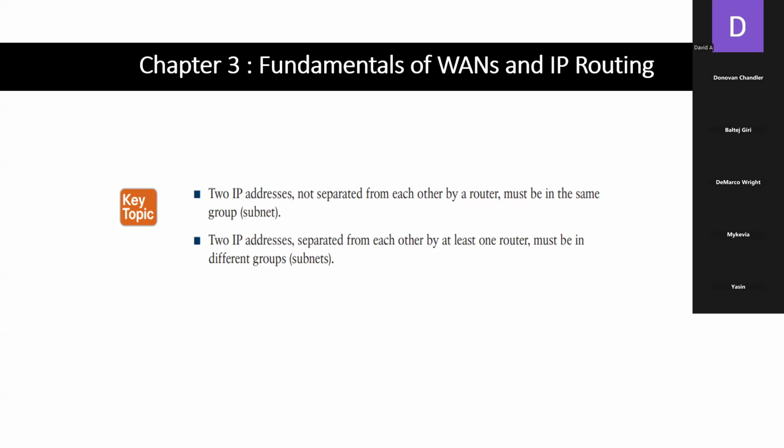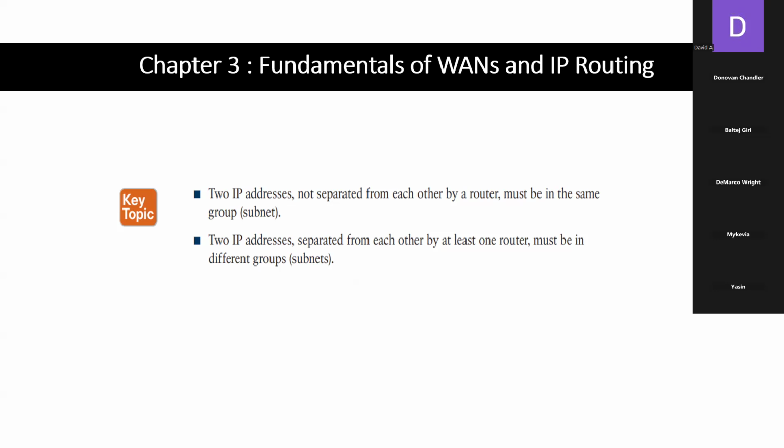Some foundational rules of subnetting can be summarized as this: two IP addresses not separated from each other by a router must be in the same subnet. Okay. The book says group, but I like to keep it at subnet. So again, two IP addresses not separated from each other by a router must be in the same subnet.